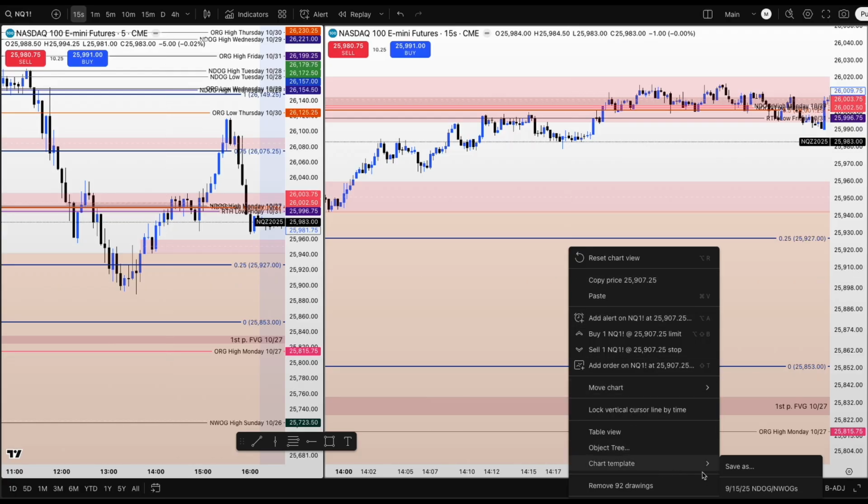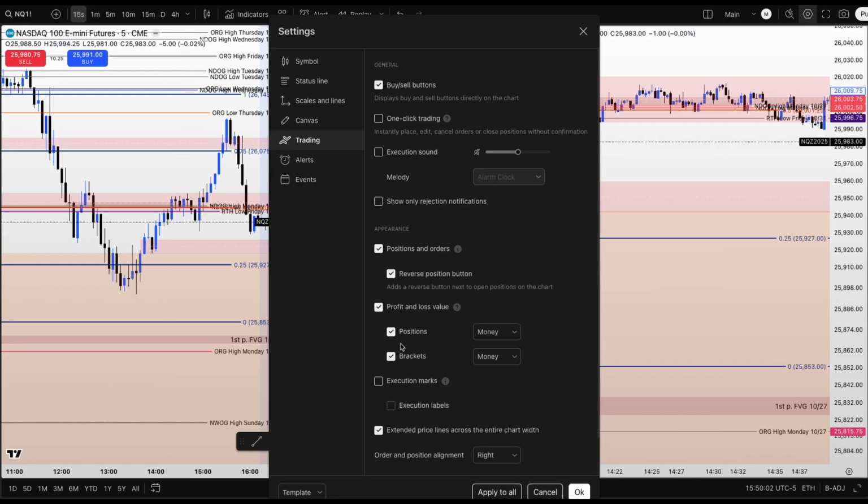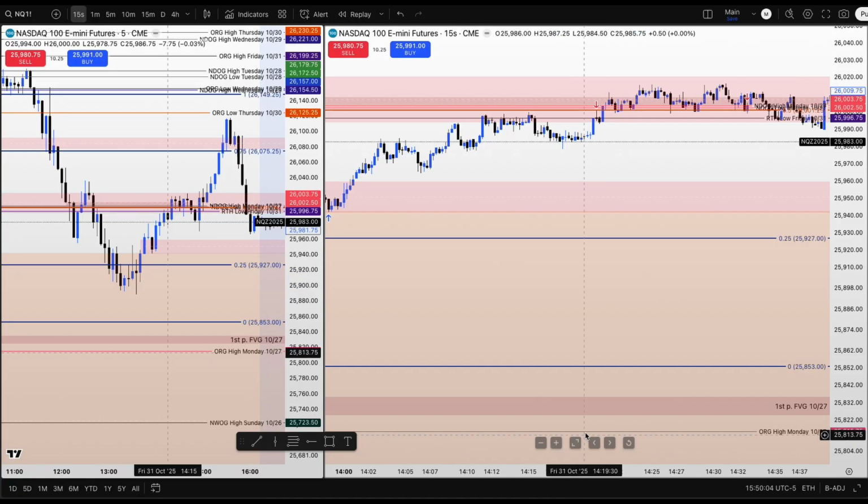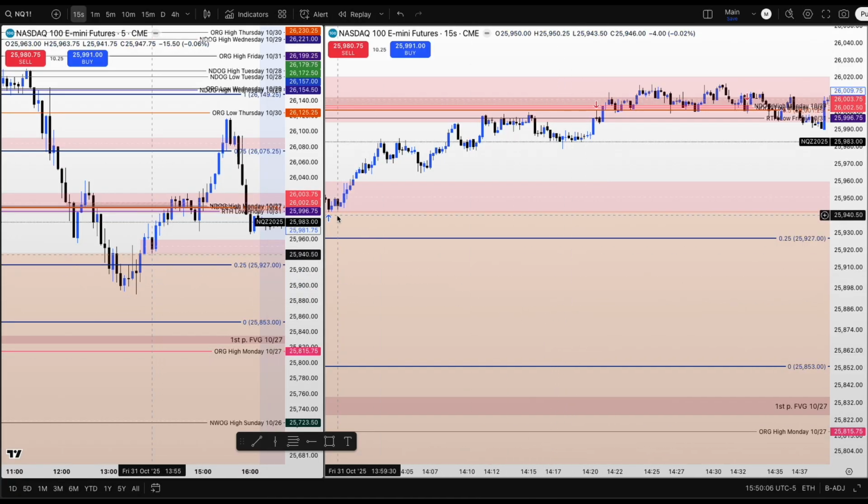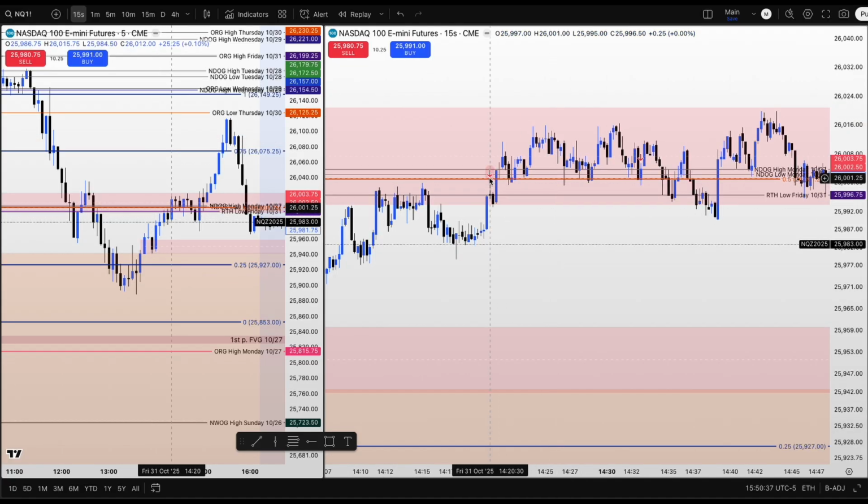But as you can see, I had a limit order placed here, right above the daily fair value gap high. And I was targeting the new day opening gap here. And I had my first exit here.